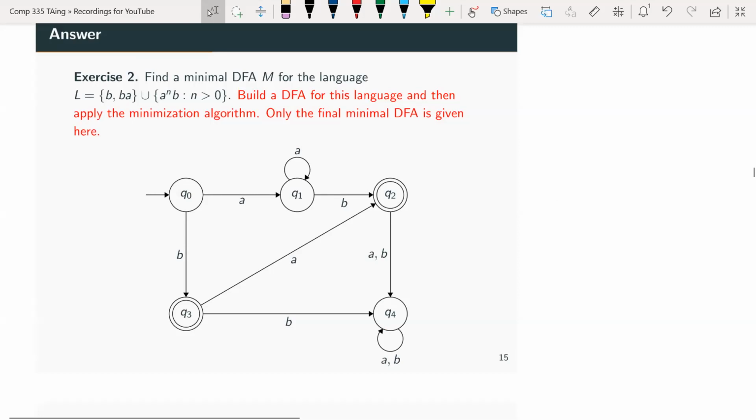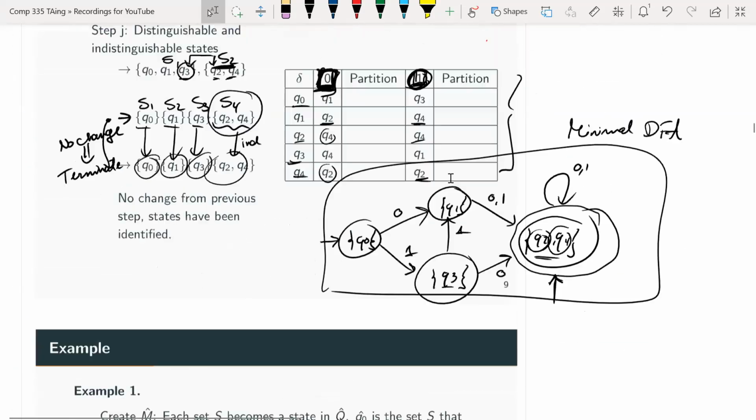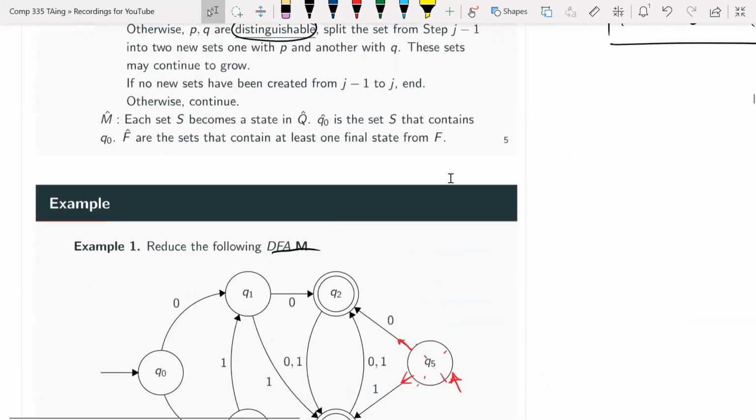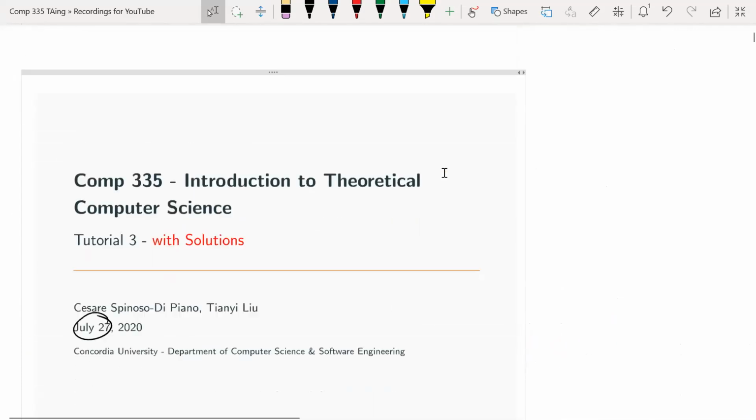I'm actually recording this at the end of July, summer 2020. So this was after the Comp 335 course ended. And what I'm thinking, I don't know if this will really happen, is I could maybe post these tutorials on a Google Doc that just students could access.